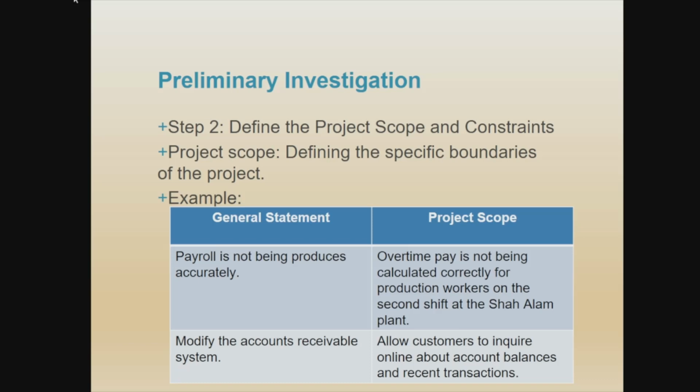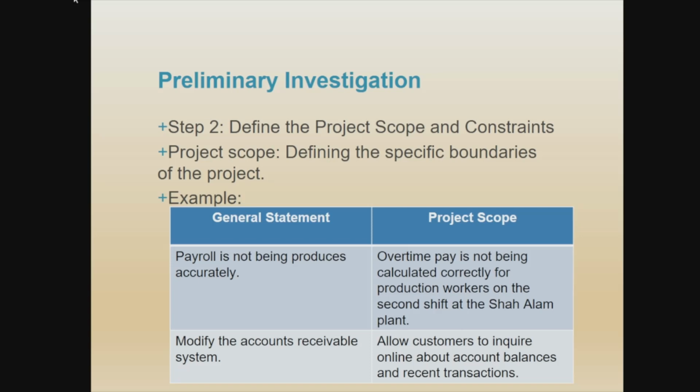So you know that it's not the total payroll, but only the overtime payment. The scope is that overtime is not being calculated correctly for production workers. So it specifies the overtime payment toward whom? Toward the production workers.